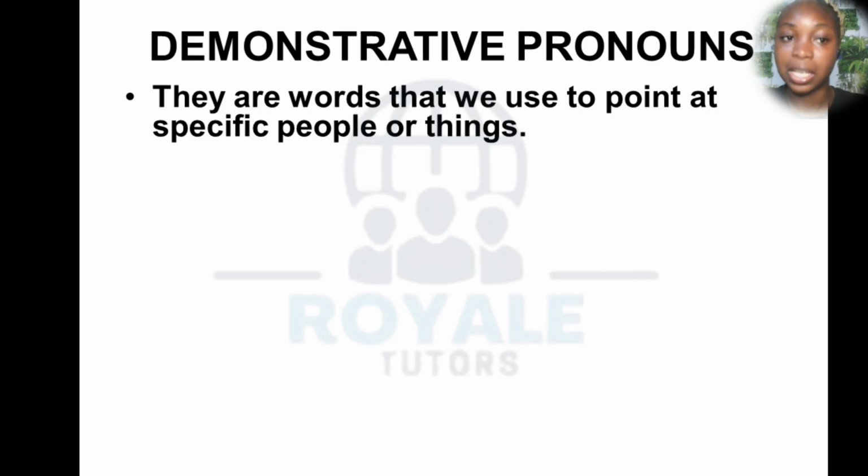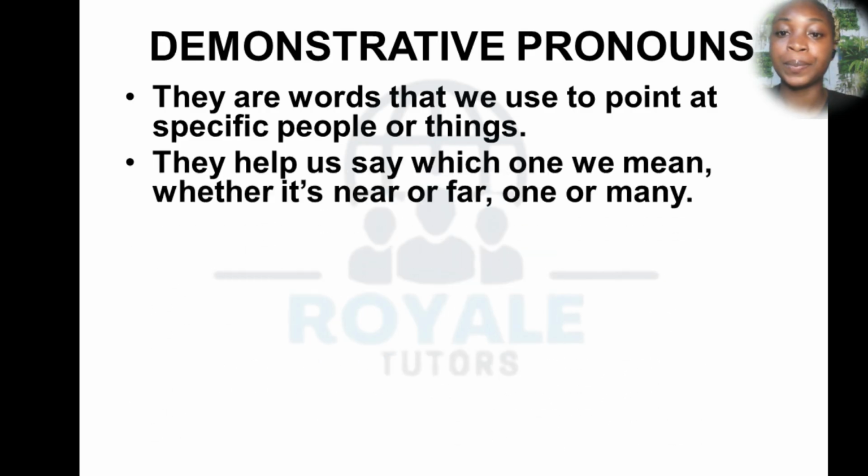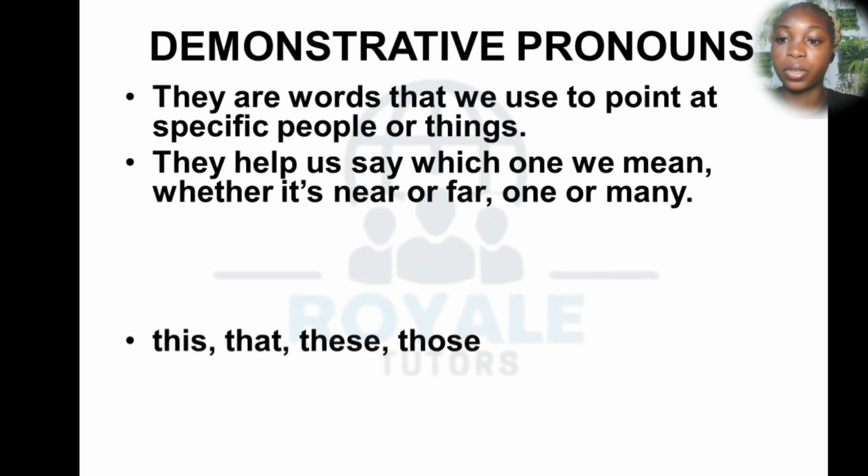Now let's look at these words. They help us say which one we mean, whether it's near or far, one or many. So what they do is they point out something that is either near or far. They also point out if it is one or they are many. Now let's go on.